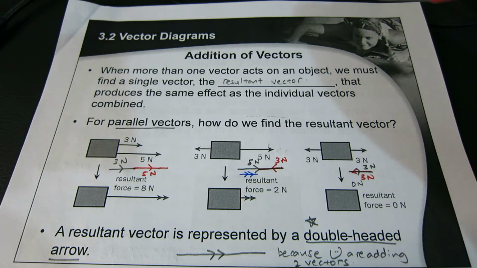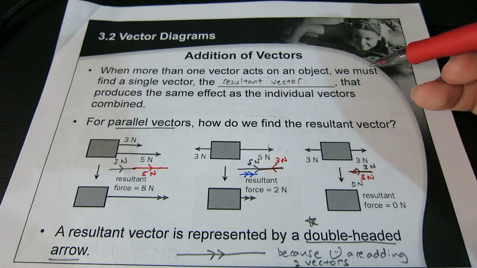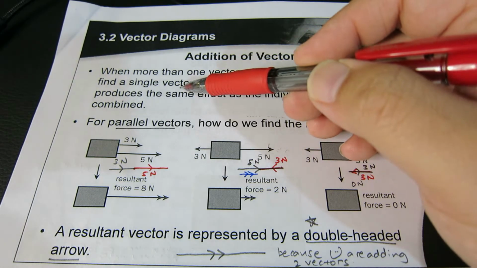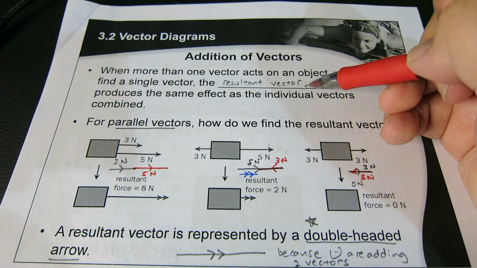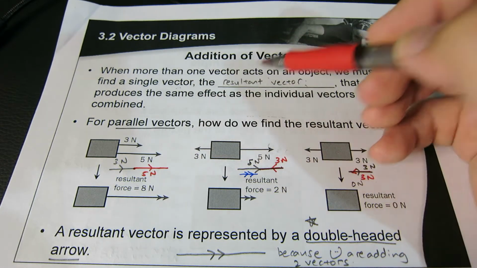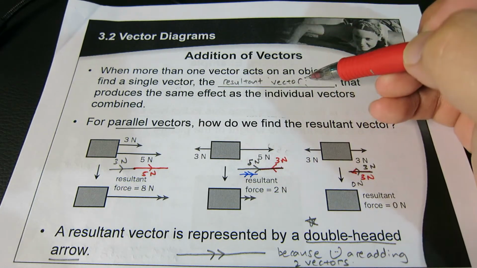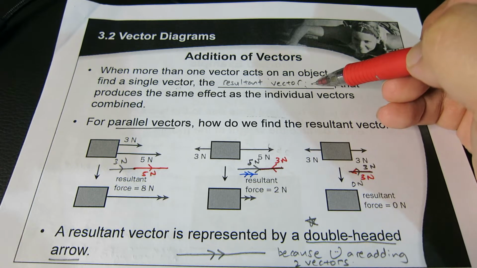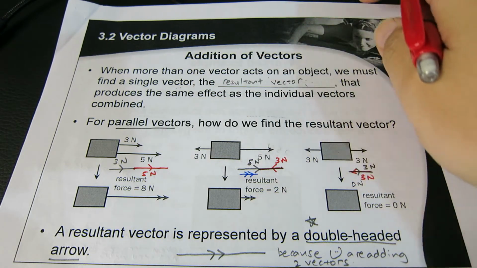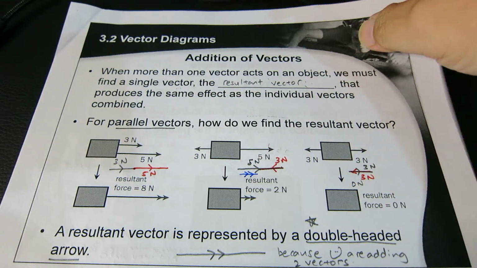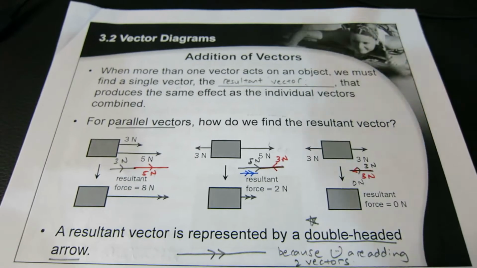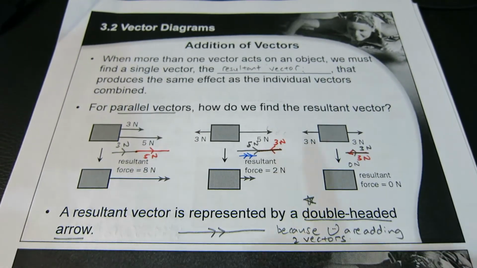Alright, so when we add two vectors together, we get a final vector, which is the resultant vector. Now, this all sounds very complicated, but the basic understanding is that the resultant vector produces the same effect as the individual vectors combined. You already know this from your study of Newton's laws.